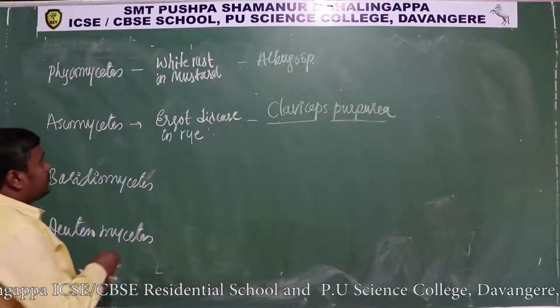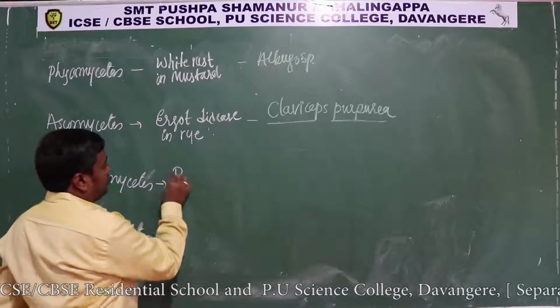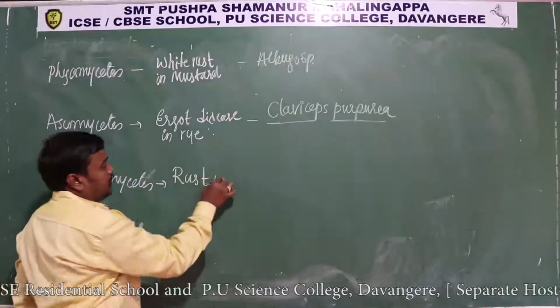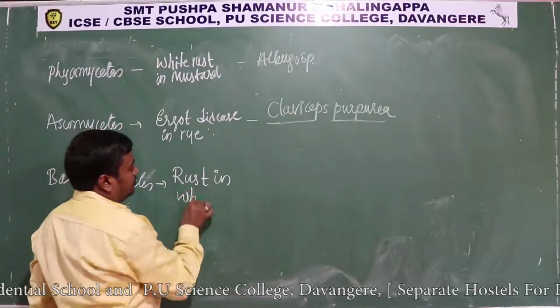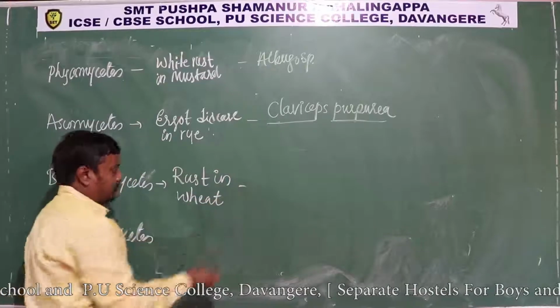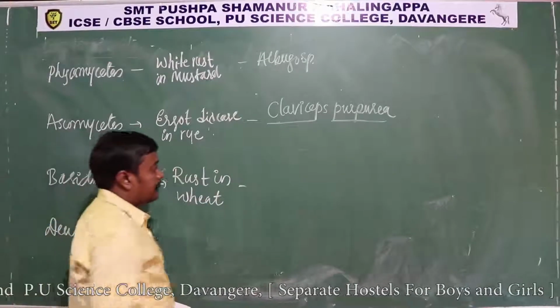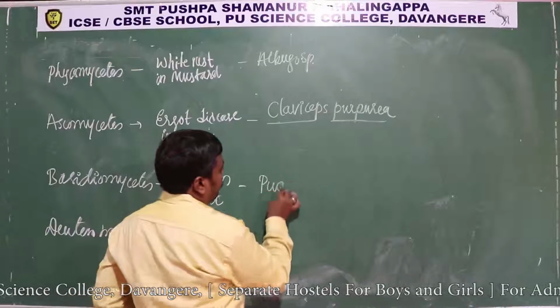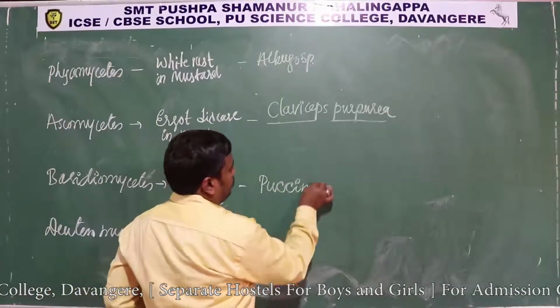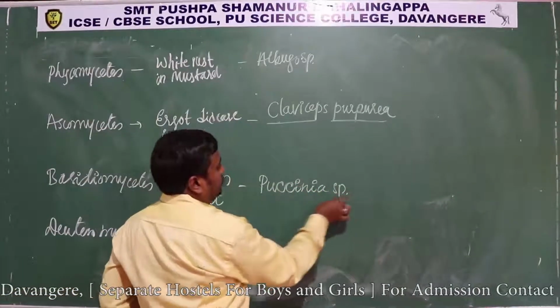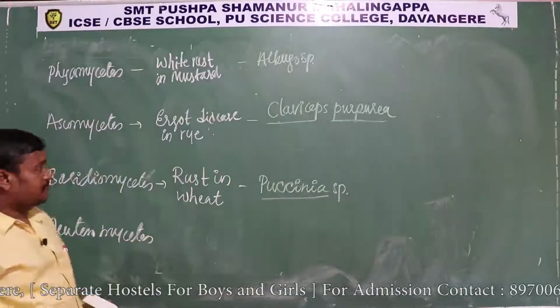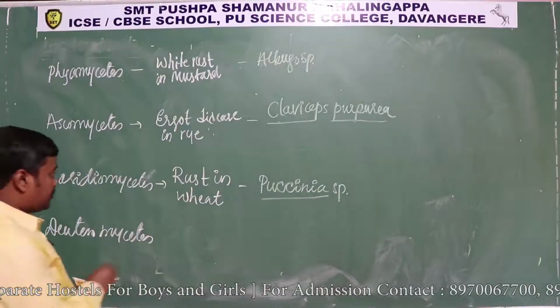And in Basidiomycetes, rust in wheat caused by Puccinia species.